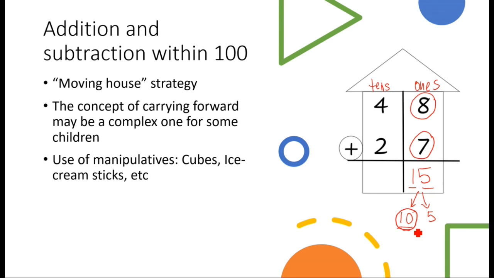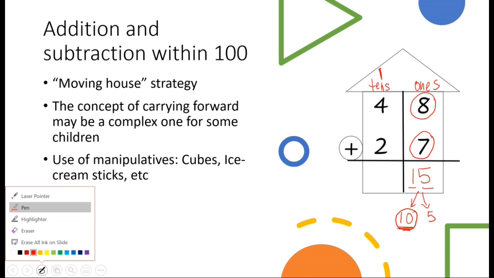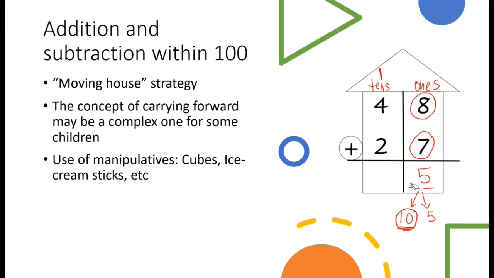So when you are carrying this 10 forward, you're carrying forward that one bundle of 10 and not 10 individual sticks. That is why we are bringing forward only the number 1, which is that one bundle, and not 10. After which you will be able to get rid of the 1 over here because we have already shifted its house to the tens house.